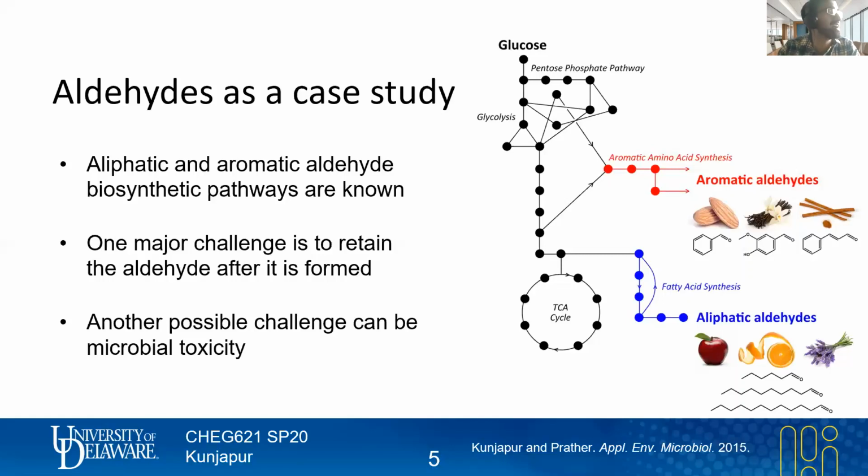In any case, what this map that should be relatively familiar to you by now in this course suggests is that we know how to get to these kinds of molecules. We know, for example, that if we want aromatic aldehydes, in general, we're going to go through aromatic amino acid biosynthesis pathways and then make some kind of diversions.